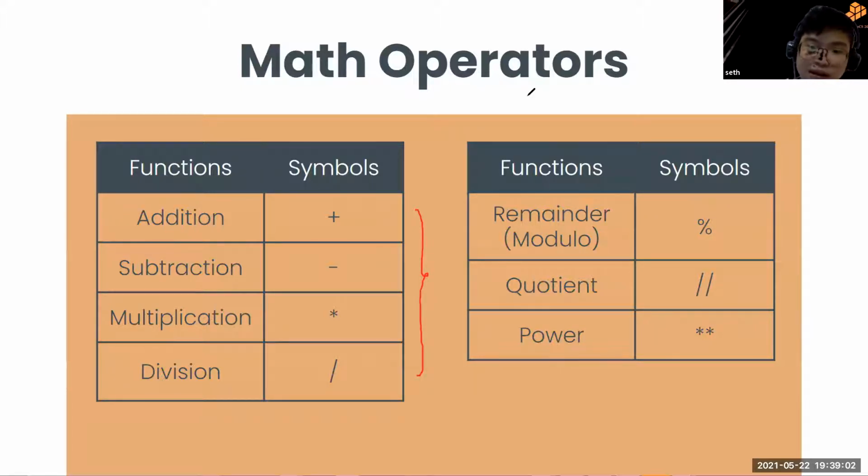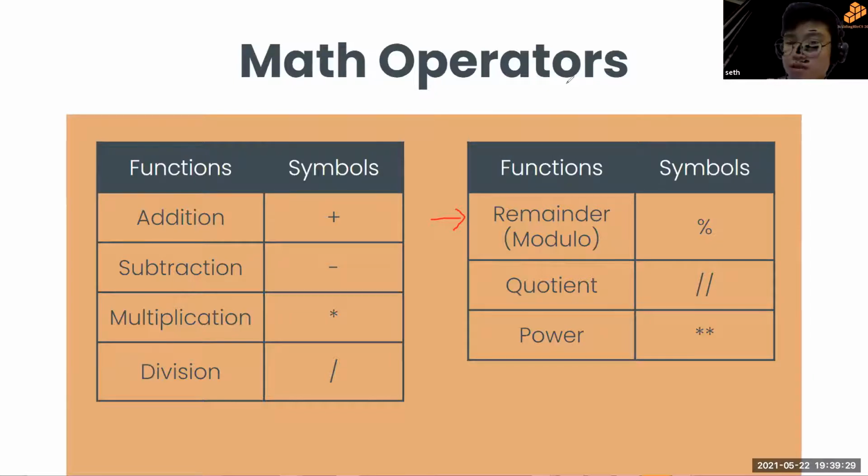Remainder or modulo is the percent symbol. When you divide a value, the output will be the remainder. So say you do 5 divided by 2, for example, it will be 2 remainder 1.